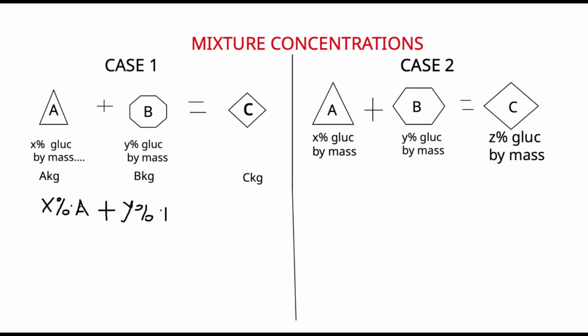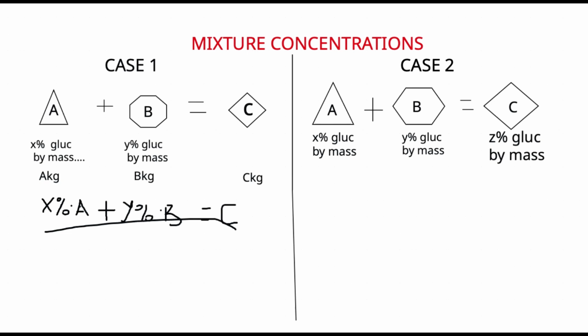This will be equal to the mass of the resultant solution, that's C. So this is the equation you need. In any question where 4 of these variables are given but one of them isn't, you use this equation and then you can find your answer.